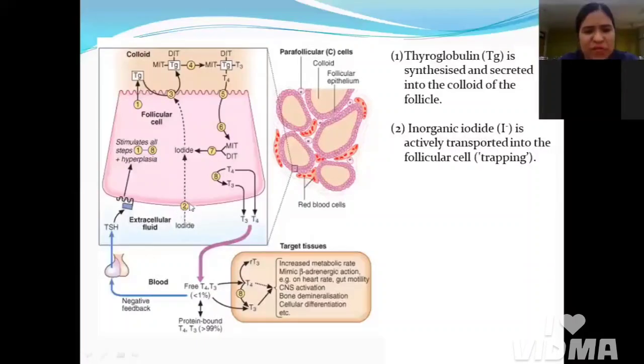That is the trapping of the iodine. This second number point you can see here at the lower boundary of the follicular cell, this inorganic iodide is trapped inside the follicular cell, where inside the cell it is organified. Okay, it is organified by certain enzymes.